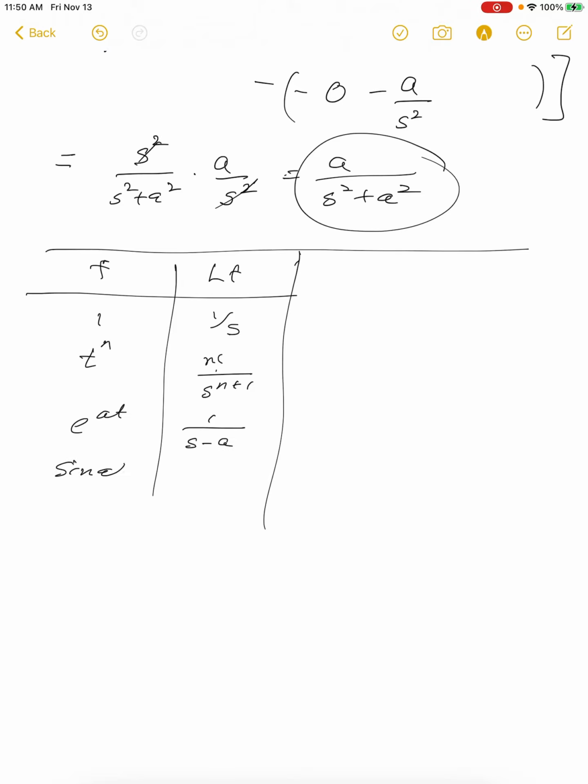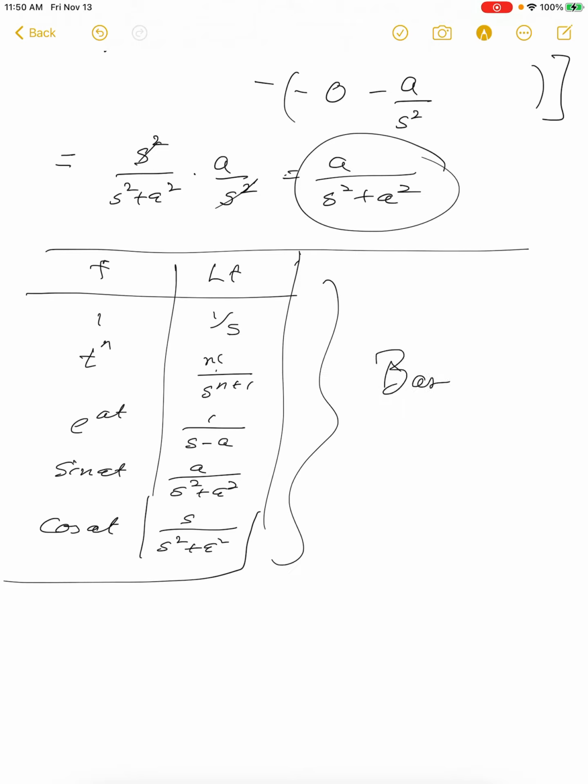For sin(at), it is a over s squared plus a squared. And now I give you this as an exercise. For cos(at), it will turn out to be s over s squared plus a squared. So that's our basic table for Laplace transforms.